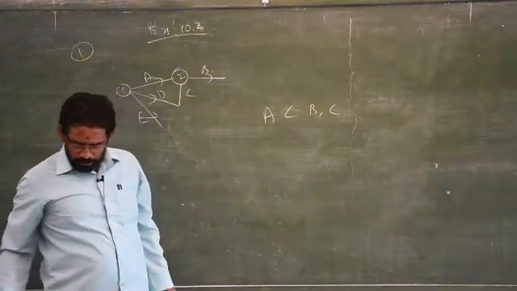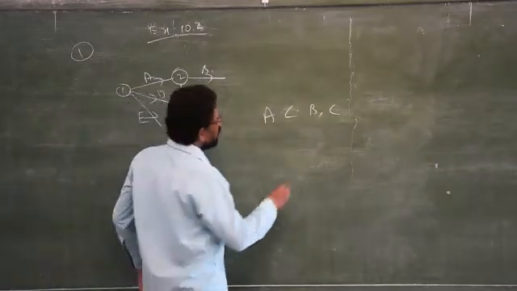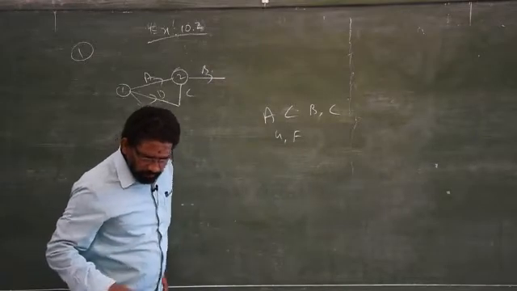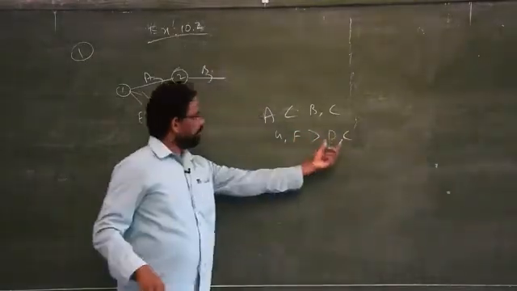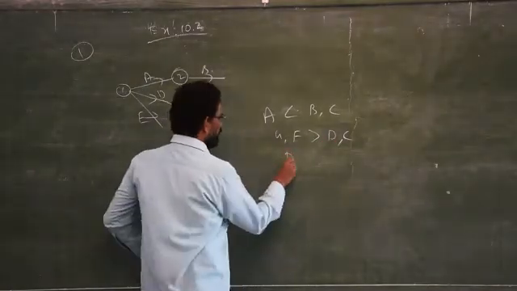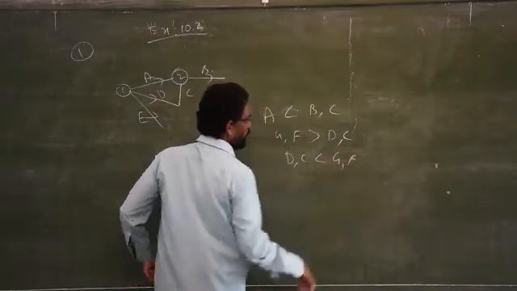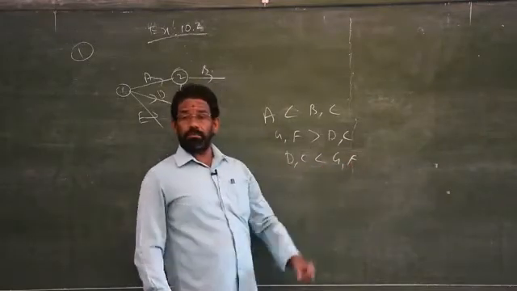Now what is the next one given? G, E, that is G, F is greater than D, C. Now what is the problem? See, D, C is smaller; you can rewrite it like this for better understanding. So D and C is less than G and F. What is the meaning of that?